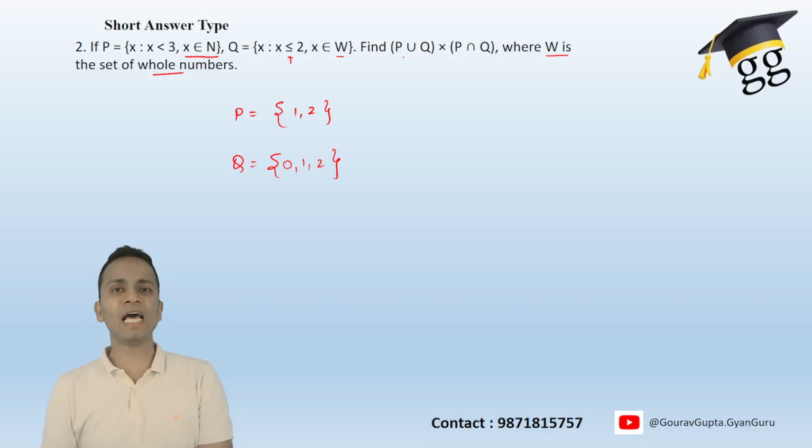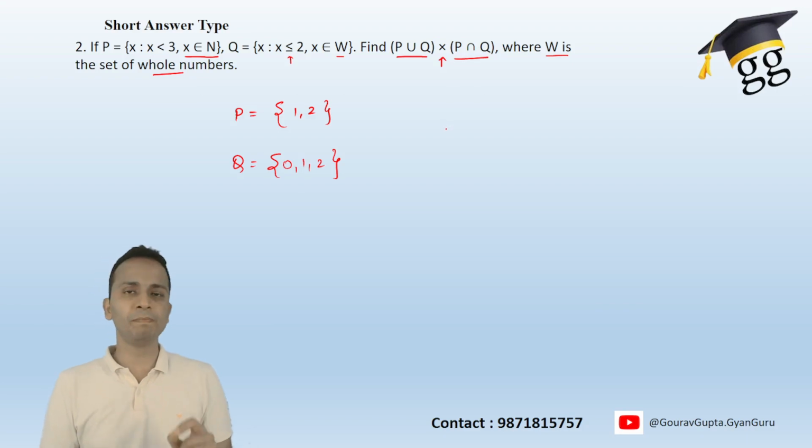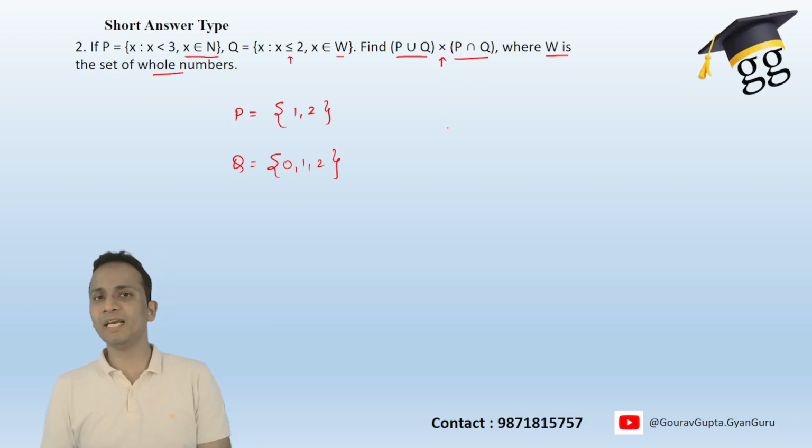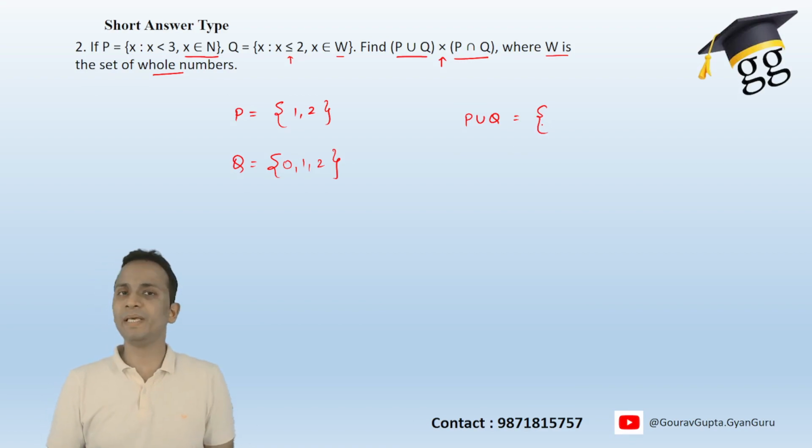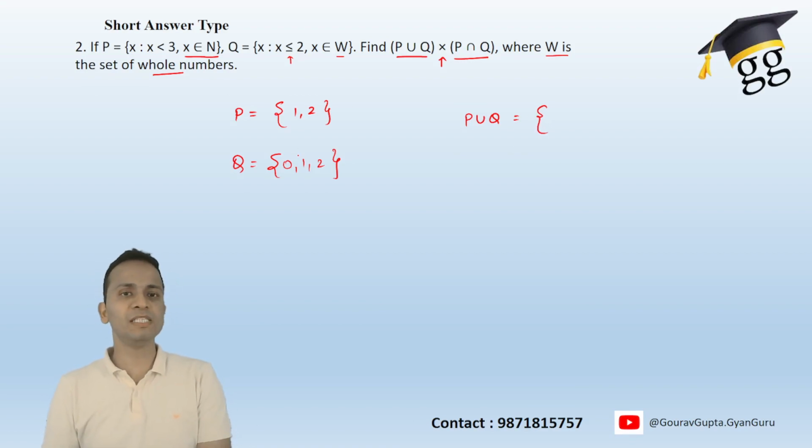Now we'll have to find out (P union Q) cross (P intersection Q), the Cartesian product of P union Q and P intersection Q. I'll write these two separately. First of all, P union Q will contain all the elements that are in P or Q, so it will have 0, 1 and 2.